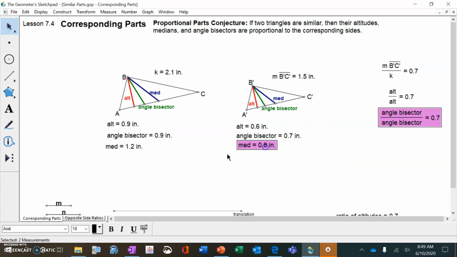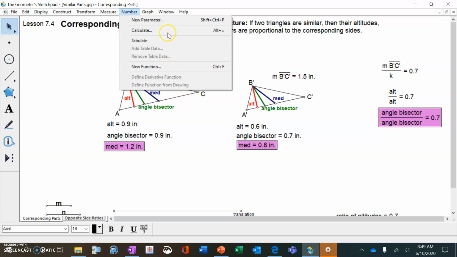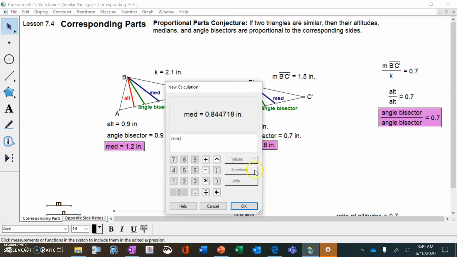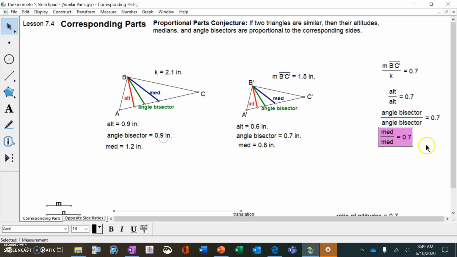And same thing with the medians. If I take the median in the smaller triangle and divide it by the median in the larger triangle, I get the same exact ratio.